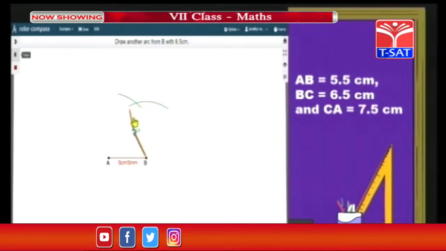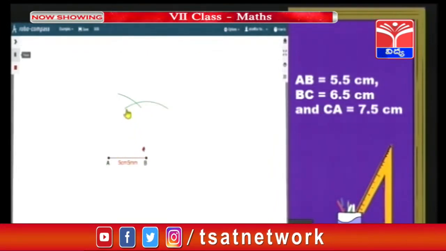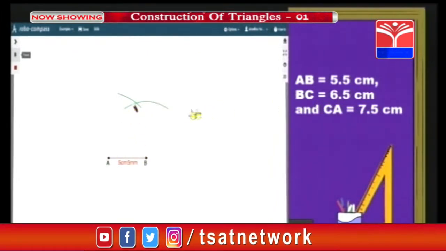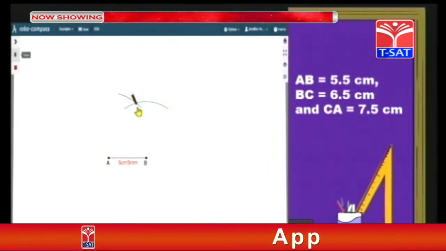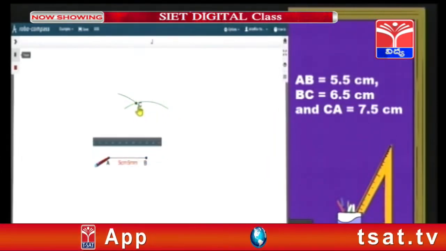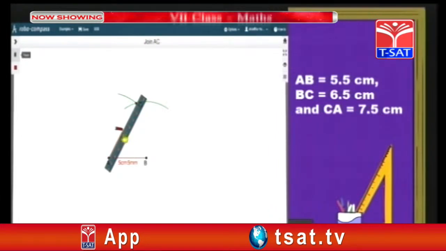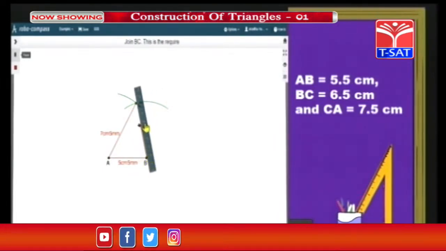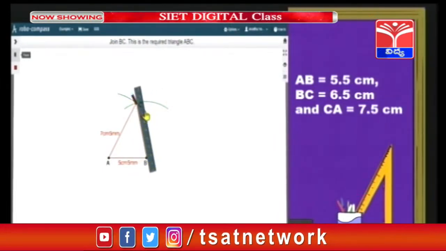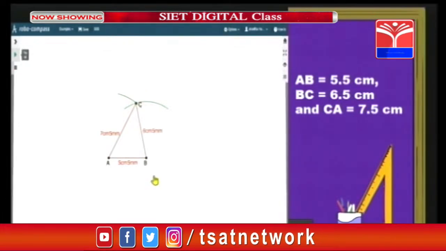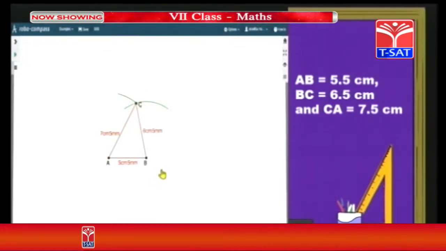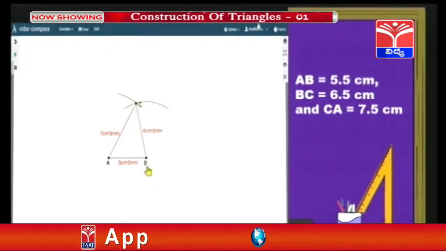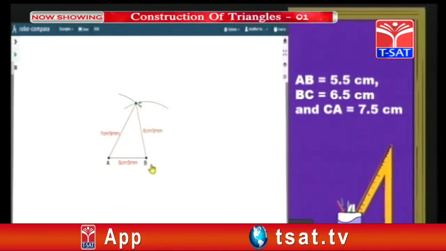Draw another arc from B with 6.5 centimeters. The intersecting point of these two arcs will be taken as C. Now take a scale and join AC and BC. This is where we got our triangle. This is how we construct a triangle when three sides are given.